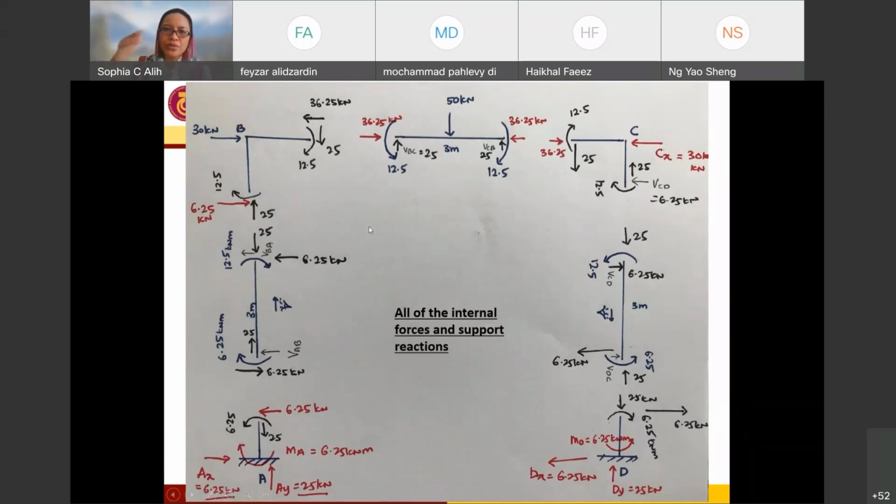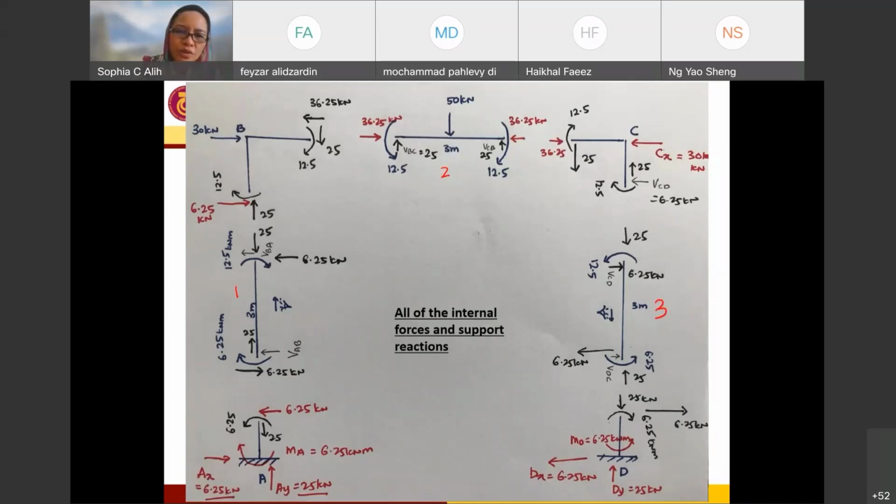In order for you to draw your shear force and bending moment diagram, you have to do it part by part. For a frame, you have to draw your shear force and bending moment diagram element by element. The first element is element number 1, element AB, and after that we're going to look into member BC, and then member CD.